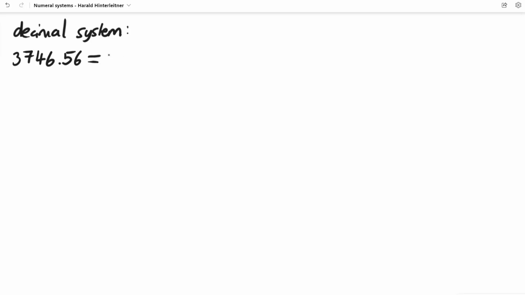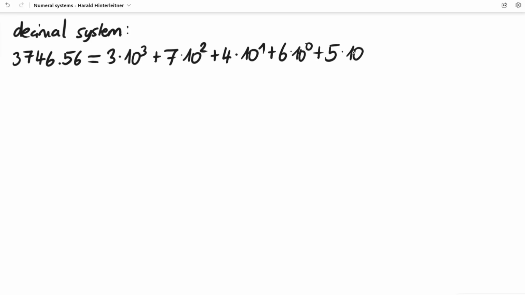So we can write this as 3 times 10 to the power 3, plus 7 times 10 to the power 2, plus 4 times 10 to the power 1, plus 6 times 10 to the power 0, and plus 5 times 10 to the power minus 1, plus 6 times 10 to the power minus 2. So the two digits after the point have negative exponents.